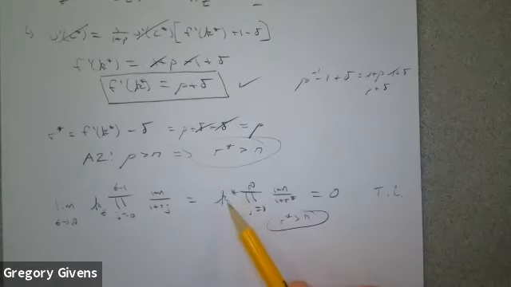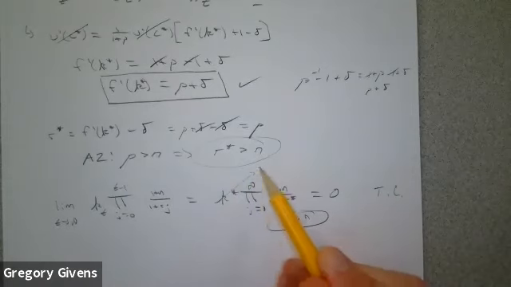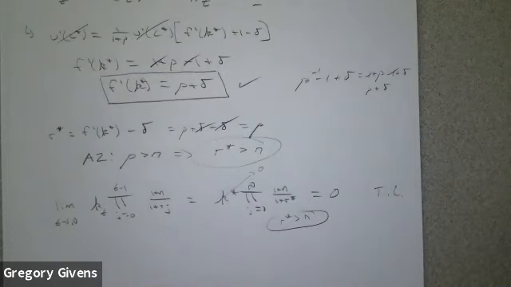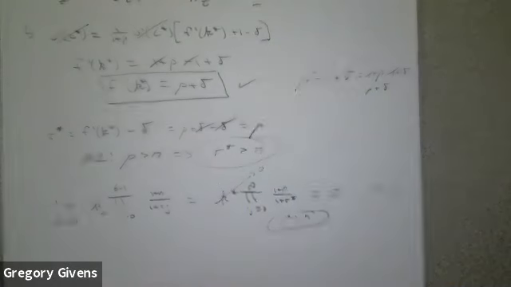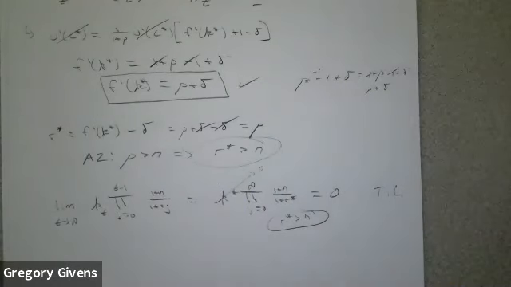Or alternatively, if k star is equal to 0, but we know there's a unique steady state value of k with positive economic activity. So the only way the transversality condition or the no Ponzi game condition holds in the steady state is if r star is bigger than n. And we know that's true because it follows from assumption 2, that rho is bigger than n.